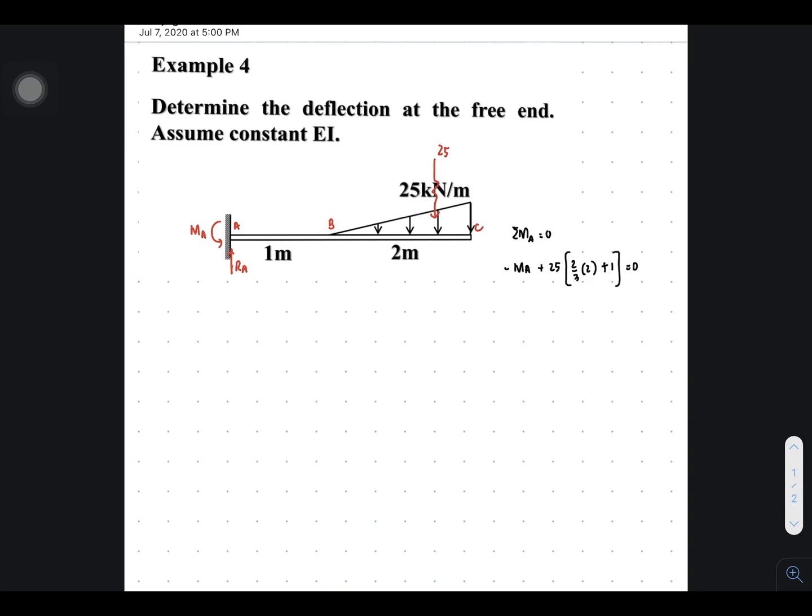So you will have, transpose MA to the other side, it will become positive, and that's equal to 25 times, that's 4 over 3 plus 1, that's 7 over 3, and that is 25 times 7 over 3, 58.333. So that's 2/3 of 2 plus 1 times 25. Okay.